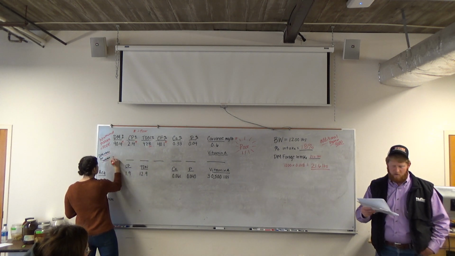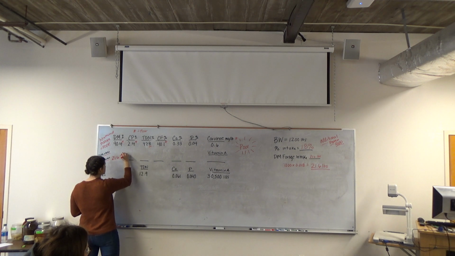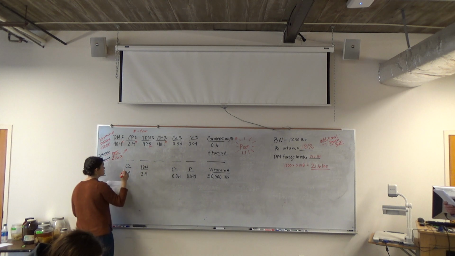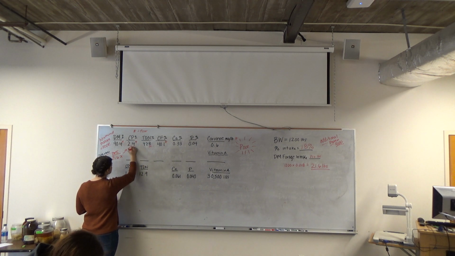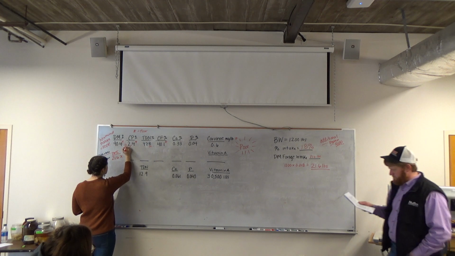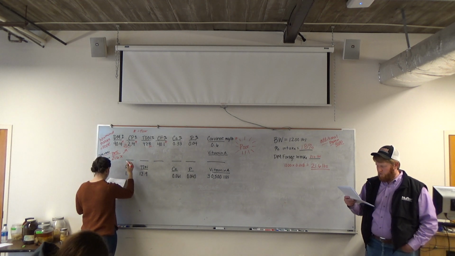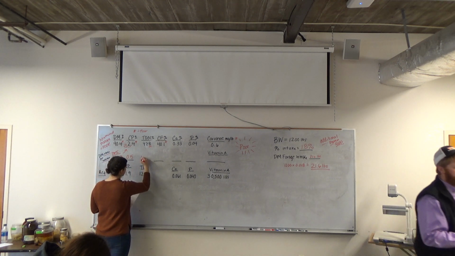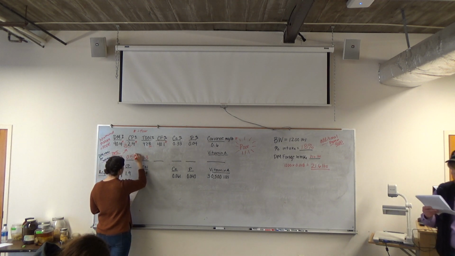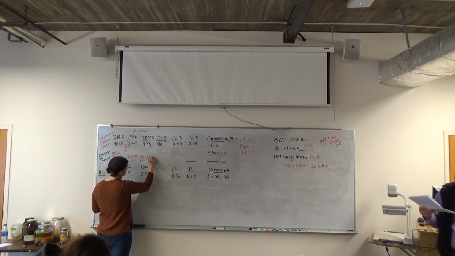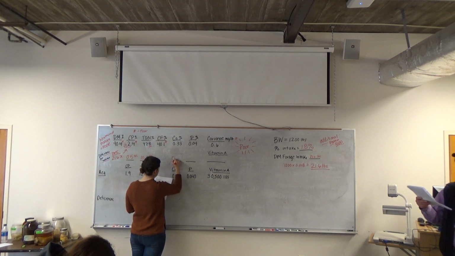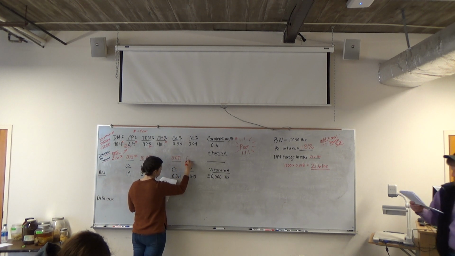If they're going to eat 21.6 pounds, I've got the nutrient composition up above. I take my intake times my nutrient composition, which gives me the nutrients from that forage that those cows are going to consume. So 21.6 times 2.4% protein gives me half a pound of protein, 0.5. 21.6 times 47.8 for TDN gives me 10.3 pounds of TDN. 21.6 times my calcium, 0.0033 if I move the decimal, gives me 0.071 for calcium.